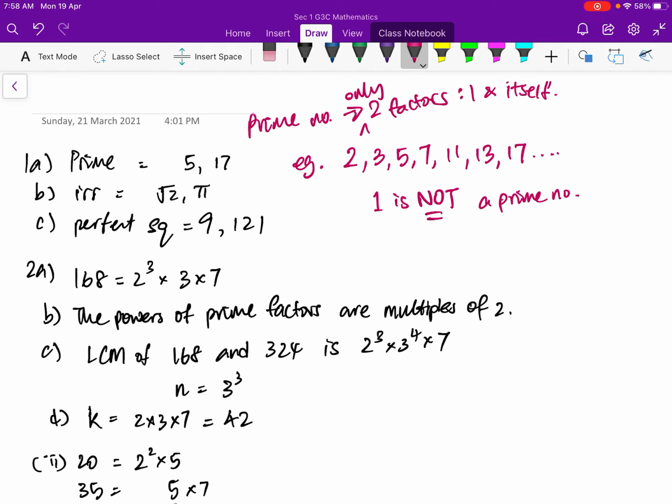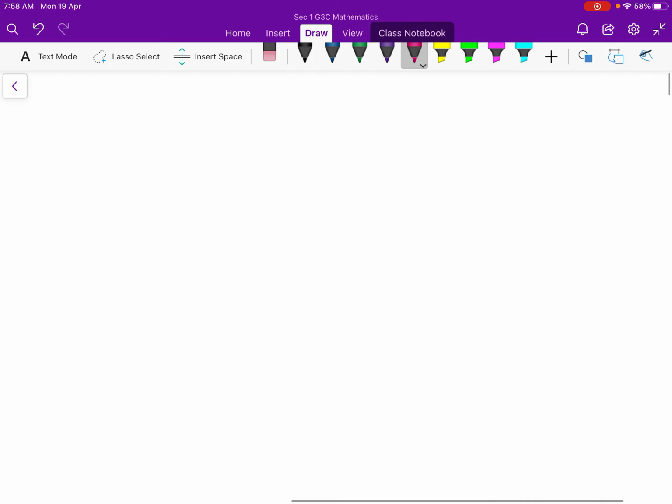So irrational numbers. Irrational numbers are numbers that cannot be expressed as a fraction a over b. Alright, I'll just put it aside. Maybe let's start with the definition of rational.